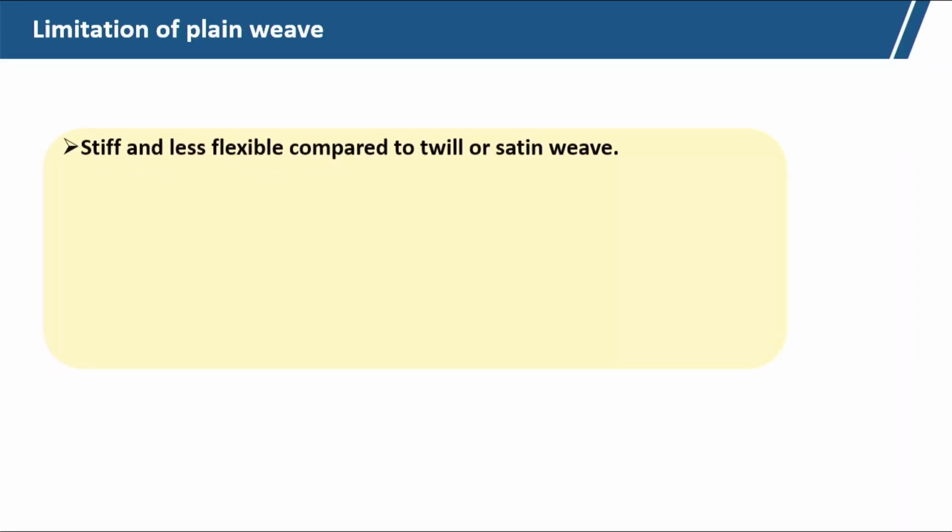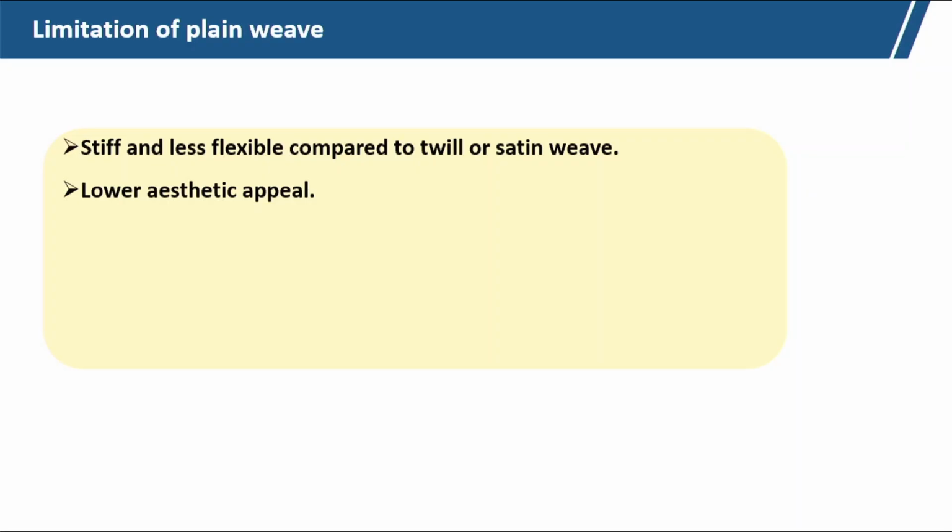And the limitations, if we see: stiff and less flexible compared to twill and satin weave. This is because of the higher interlacement. Lower aesthetic appeal, because it is a very basic weave.